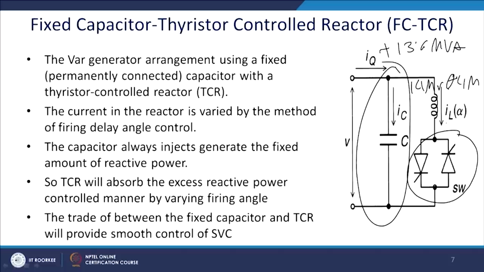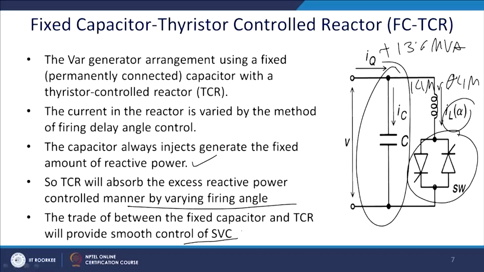So, you have a TCR angle alpha, and IL is a function of alpha. The capacitor always generates a fixed amount of reactive power. So, TCR will absorb the excess reactive power in a controlled manner by varying the firing angle. The trade-off between the fixed capacitor and TCR will provide smooth control of the SVC.